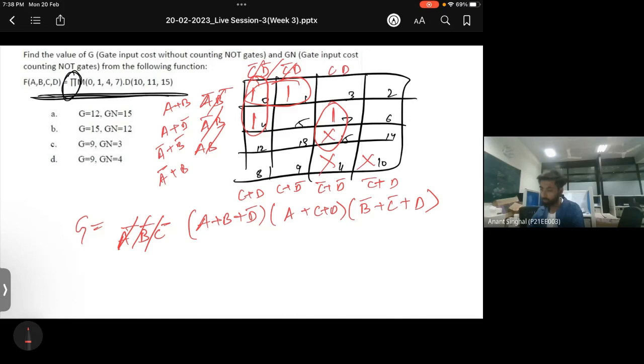A plus B plus C, and A plus C plus D. Yeah, so this is the final expression. I hope this is what you are getting.